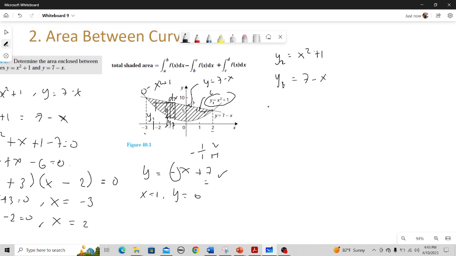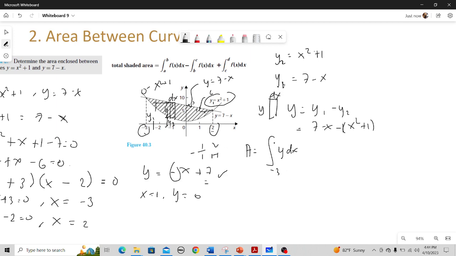As you see here, this differential strip, which is y dx, has limits from negative 3 to positive 2. y is equal to the top minus the bottom: 7 minus x, minus x squared plus 1. So the area is the integral of y dx, with limits from negative 3 to positive 2.